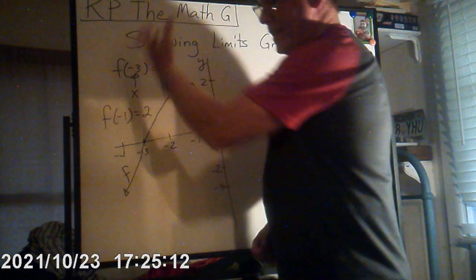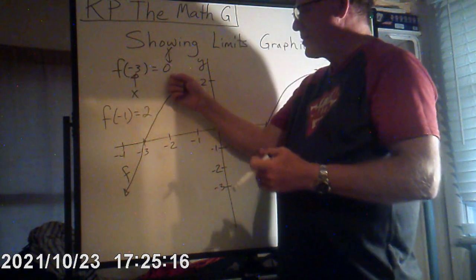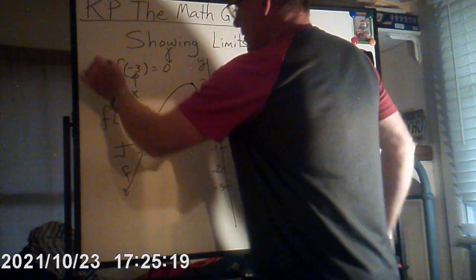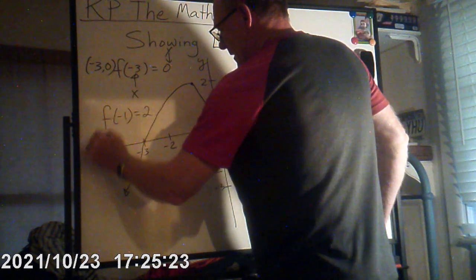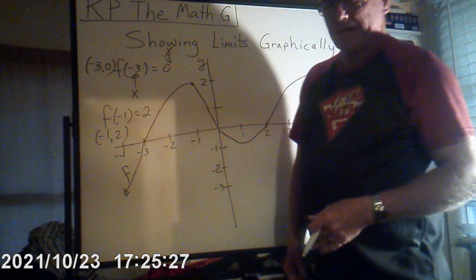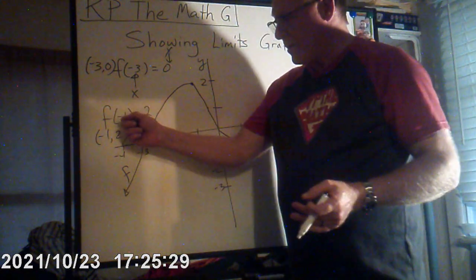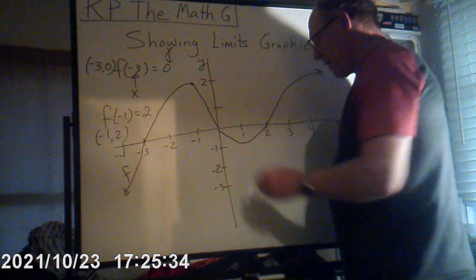Now this is not a limit, this is just f at some x value, and this is the y value. Actually, you can rewrite this as (-3, 0) if you want to. This one would be (-1, 2). That's what it is. It's f at some x equals some y. Of course, look at this.